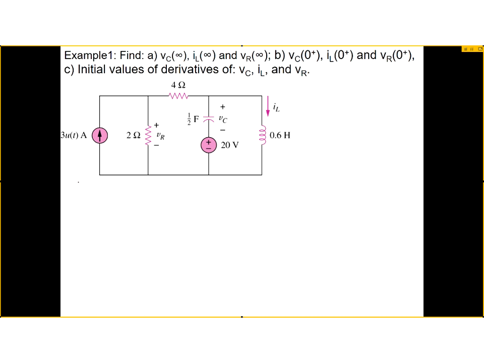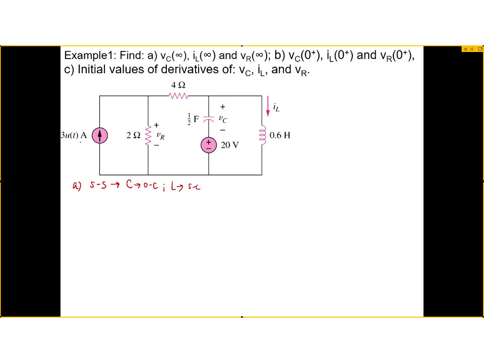For part A, we are really looking for steady state values, and under steady state, what happens to a capacitor? It becomes an open circuit, and what happens to an inductor? It becomes a short circuit. So I will redraw this at infinity. Is the current source on at infinity?